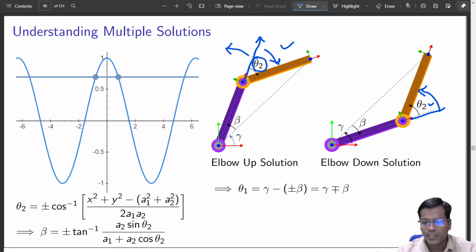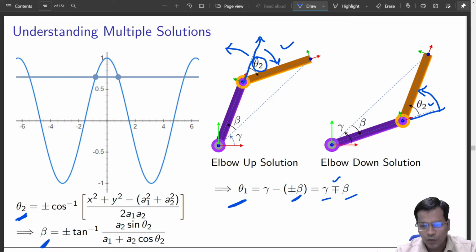Depending on both the values of theta 2, you will get two different values of theta 1 also, because it was gamma minus beta. If beta has two values, because theta 2 has two values, you will get two values of theta 1 also.